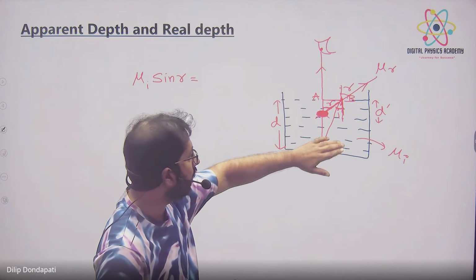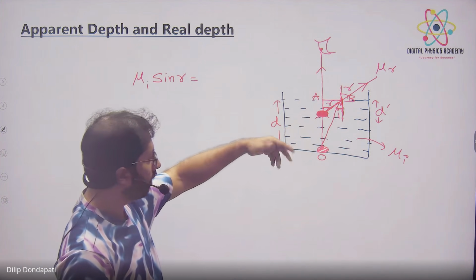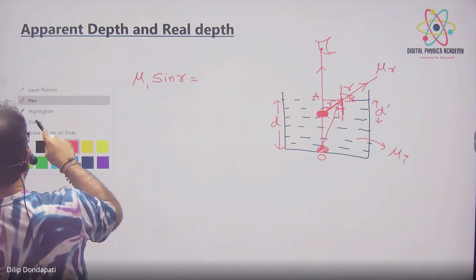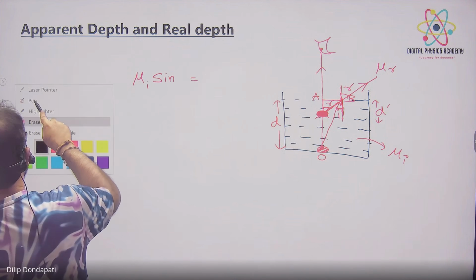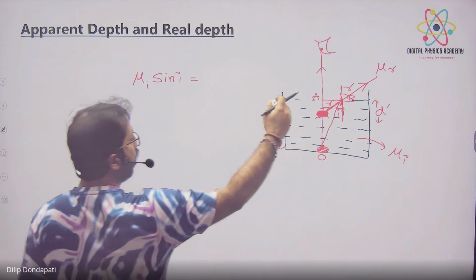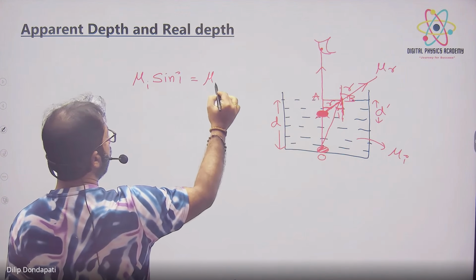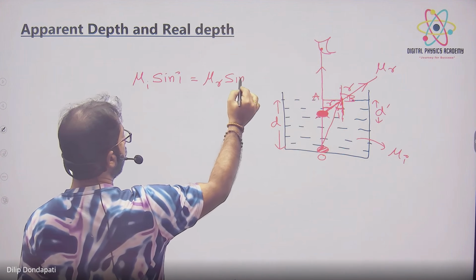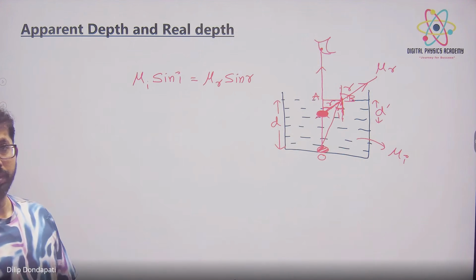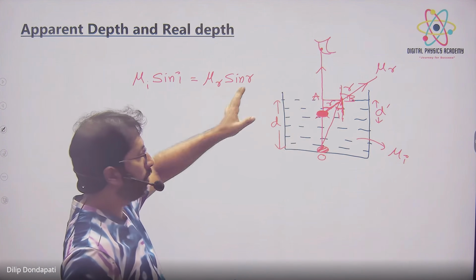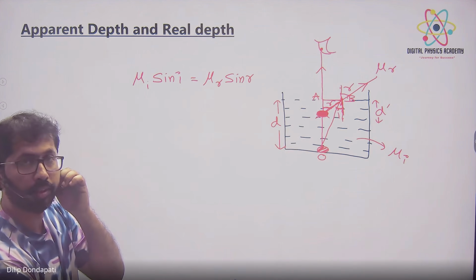Mu I into sin I is equal to, Snell's law अप्लाई करो. आउटसाइड क्या होगा? mu R into sin R. Our intention is to find D dash, mu I, mu R का relationship लेके आने का. That formula we are using for numericals के लिए.